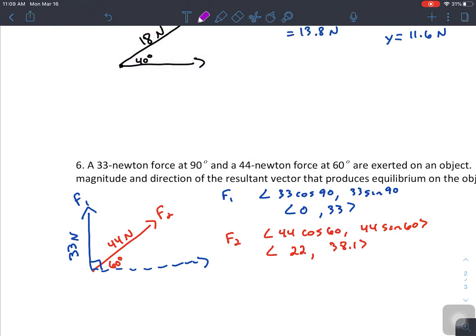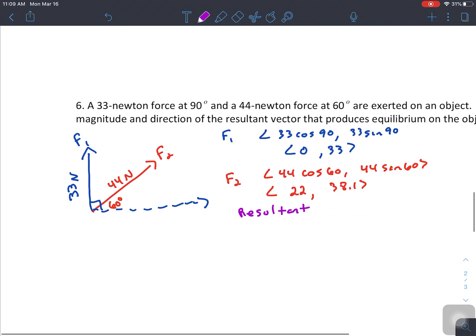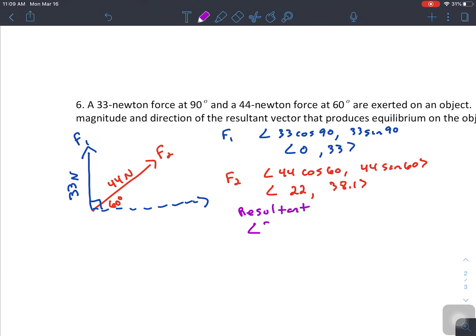Okay, so let's get the resultant. Okay, add them both together. So this gives us a resultant of 22 and 71.1. Okay.